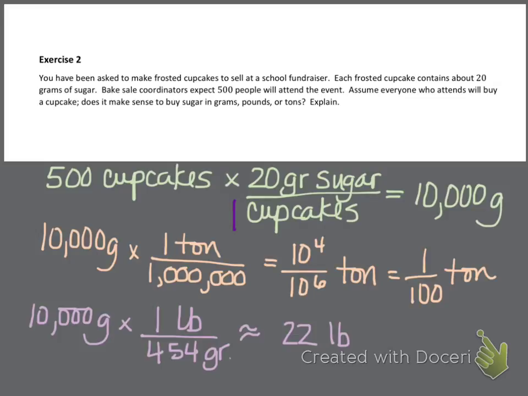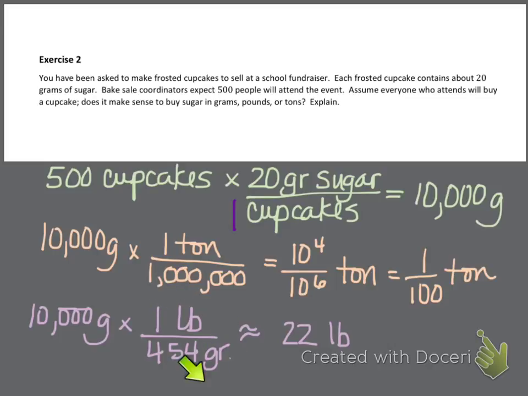So I would go on, and I'm going to take the 10,000 grams and convert it into pounds. So the conversion factor I'm using is 1 pound is equal to 454 grams. And that's an approximate conversion factor because pounds and the metric system and the standard system don't really talk to each other.